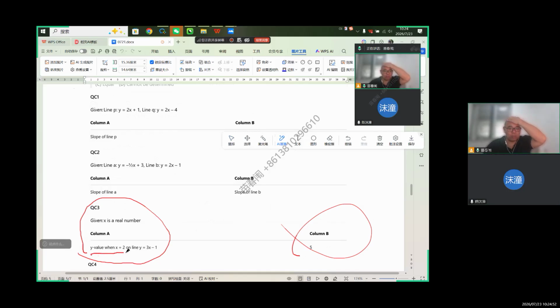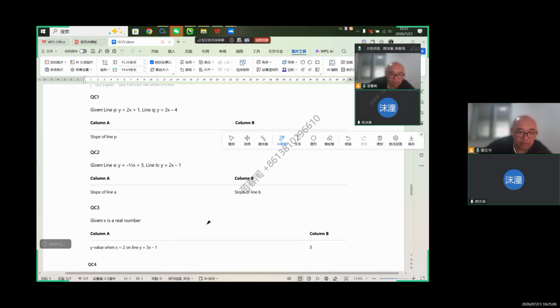What is the y value when x equals 2 on the line y equals 3x minus 1, and x is a real number? Can you find that y value? So how to find a y value?